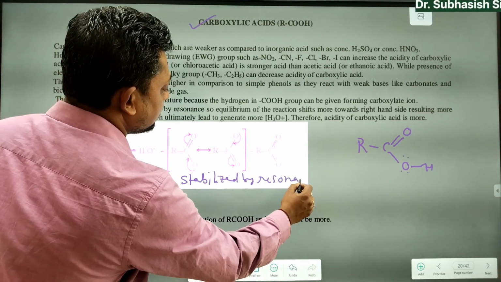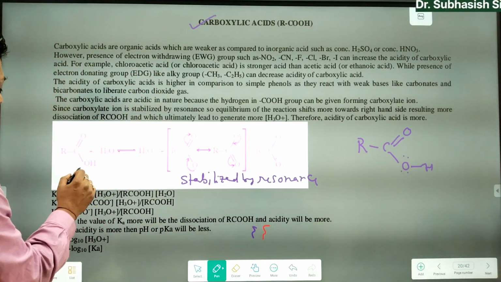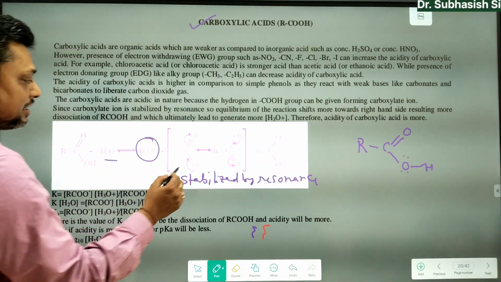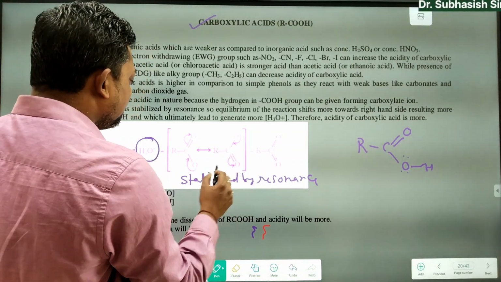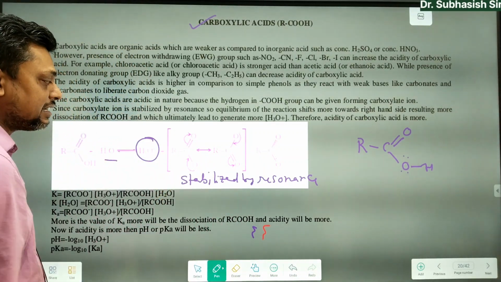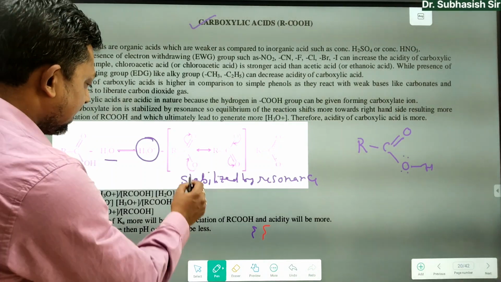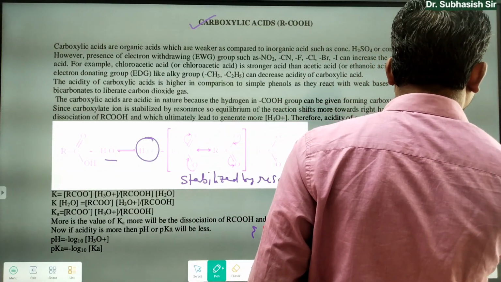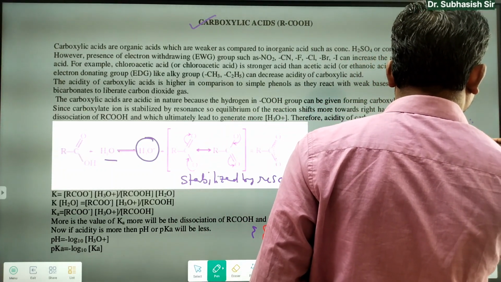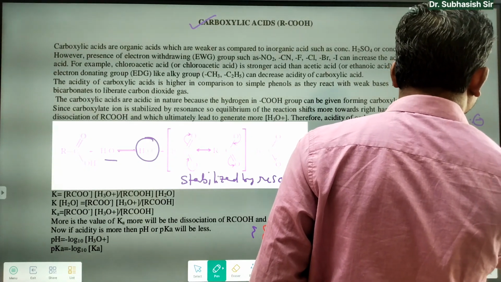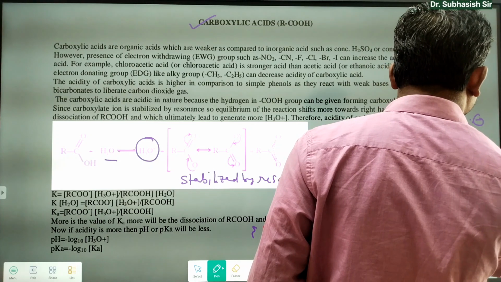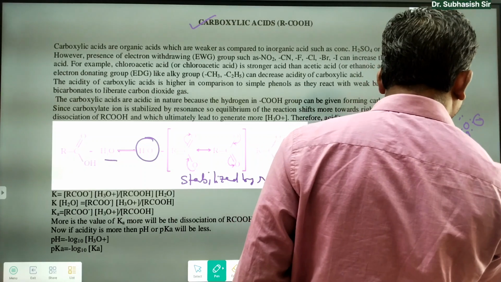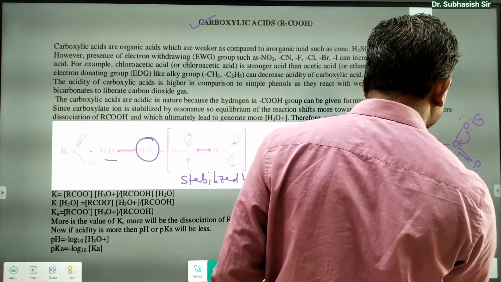Whenever you dissolve carboxylic acid in water, it will form this hydronium ion and this carboxylate ion, which, as I have already shown here, is stabilized by resonance. In this RCOO negative, the electron can go to this oxygen, then this electron will come to this oxygen, so you will have a resonating structure.